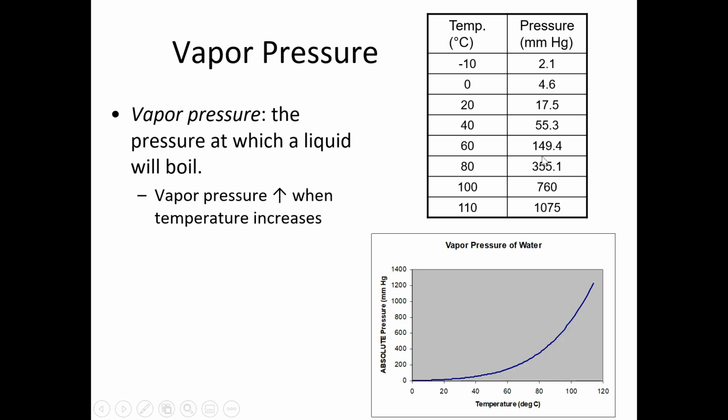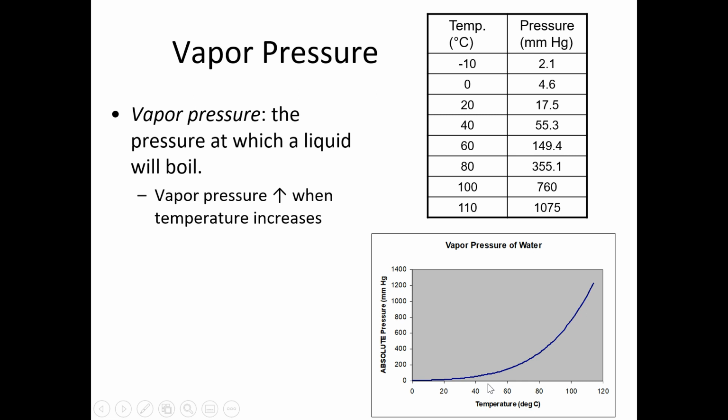So here's the same data as it's graphed. And what you'll notice is it's nonlinear. The more the temperature increases, the vapor pressure of water is increasing a lot. One way to think about this is how quickly something will evaporate. It will evaporate very slowly at a low temperature.